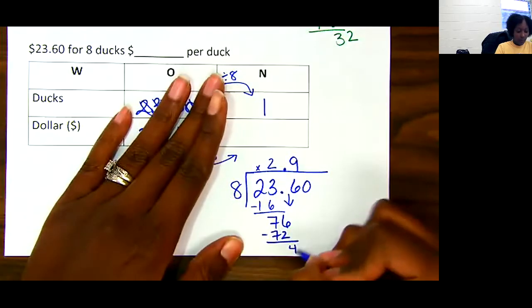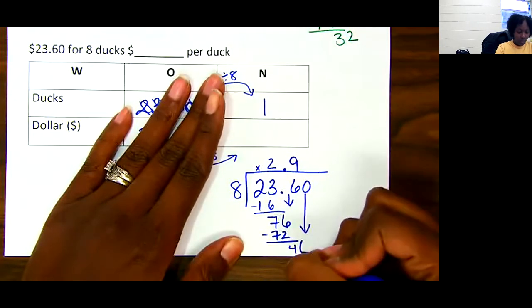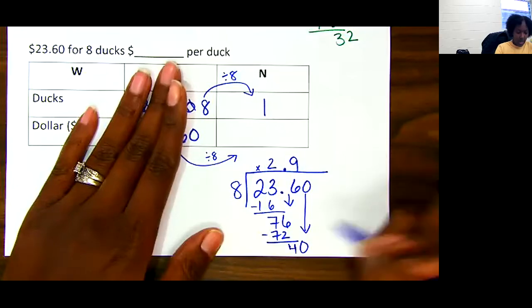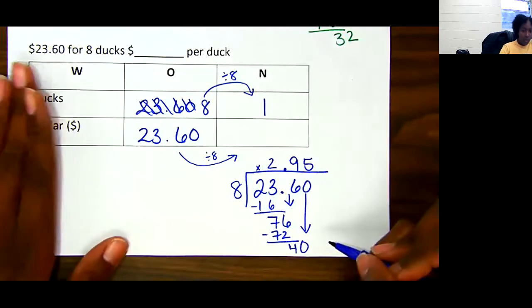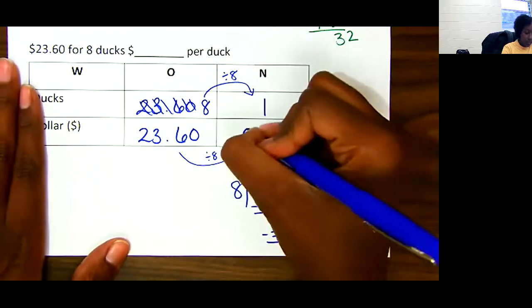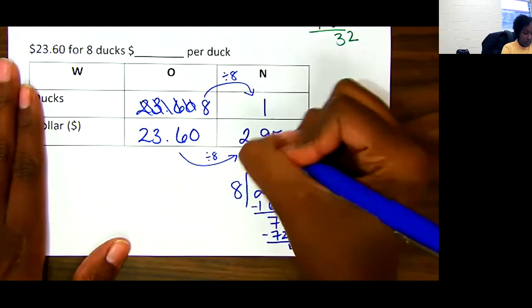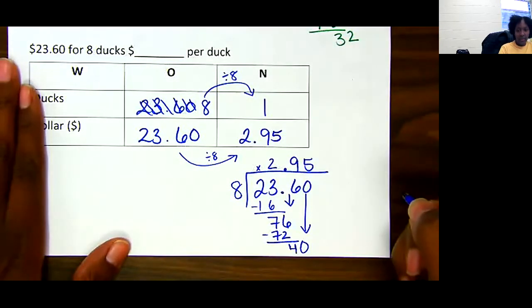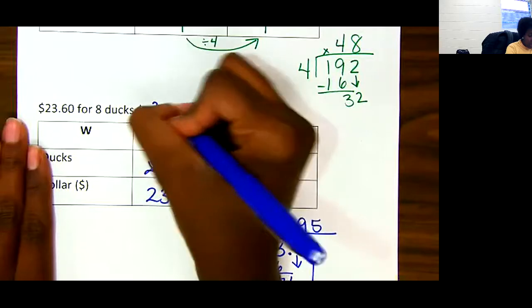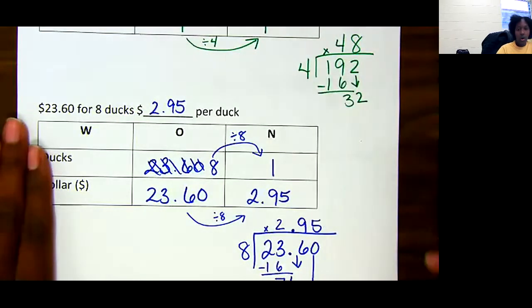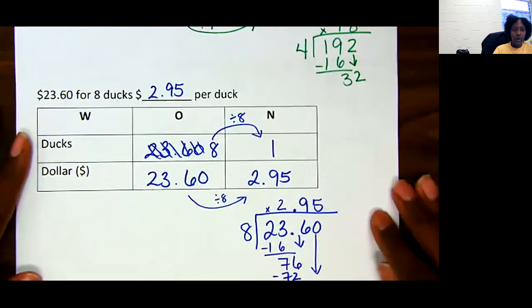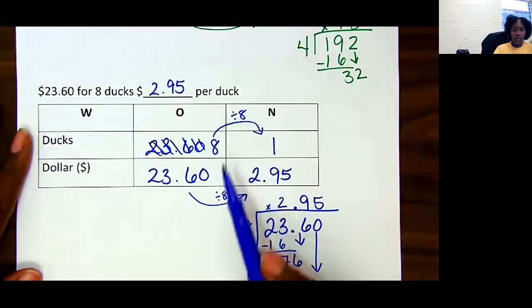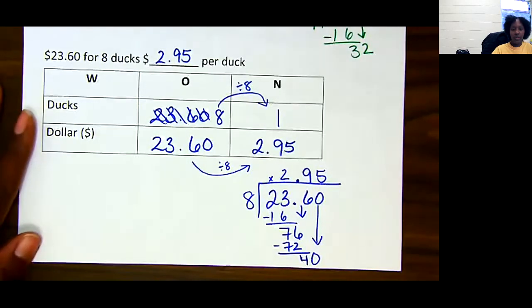We have 4 left over. Bring down our final number. 8 times 5 will give us the 40. So for one duck, it will cost $2.95. Again, when you're looking for a unit rate, division is usually the method that you have to use.